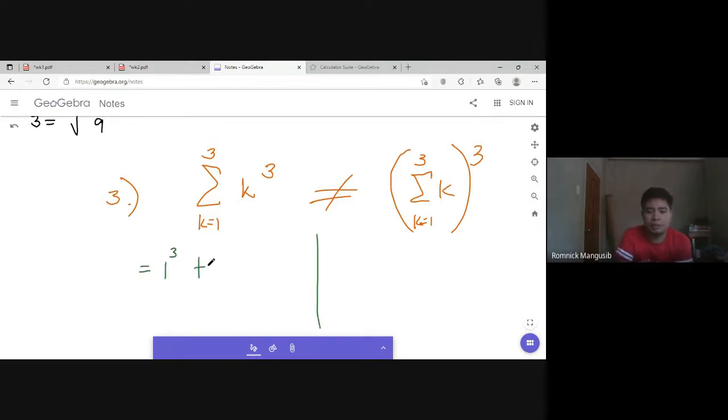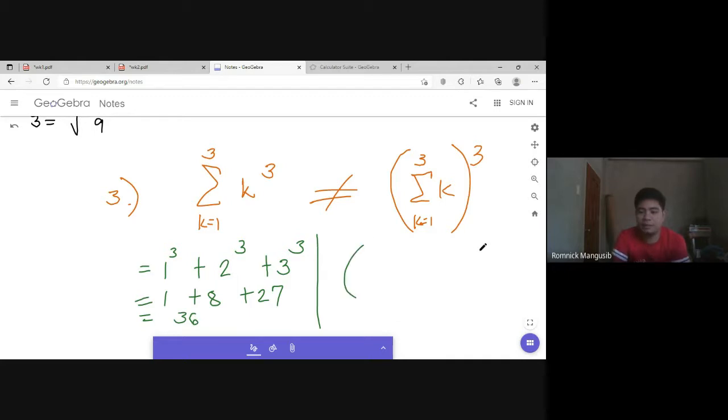Cube of 1. Okay, sa 2 na tayo. So, cube of 2. Now, move to 3, kasi ganito yung cube of 3. So, tig-cube sila. So, pag i-add mo, we have 1 plus 8 plus 27. So, 9 plus 27 is 36. The answer is 36. On the other, ang mangyayari naman, i-add mo muna bago mo i-cube. So, remember the PEMDAS, you have the parenthesis, exponent, sabi niya.